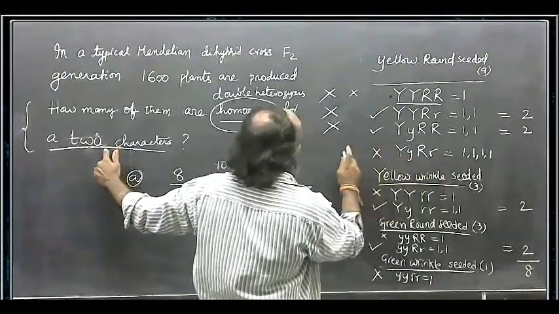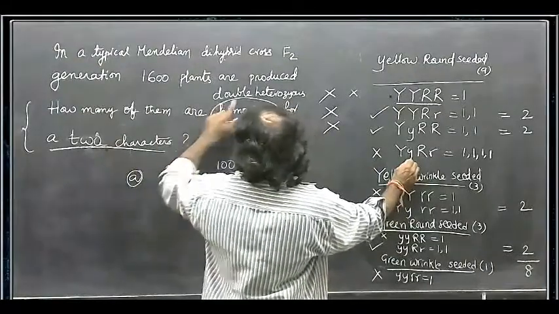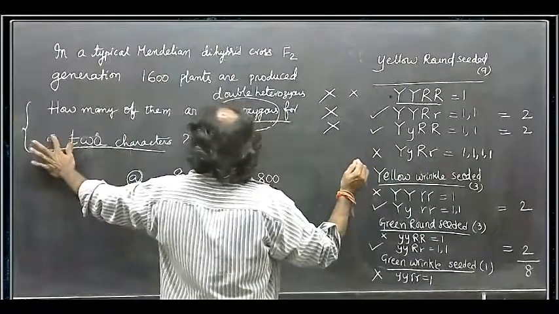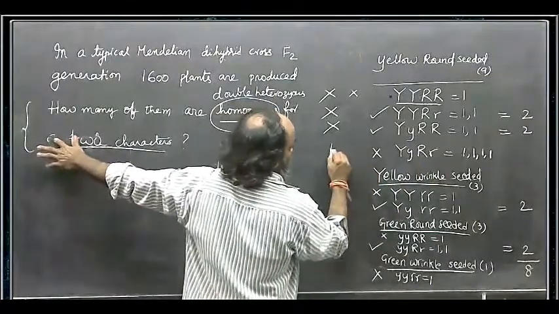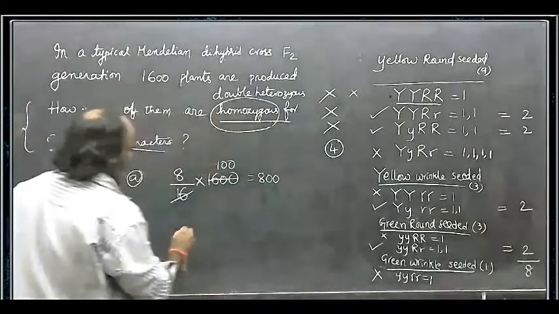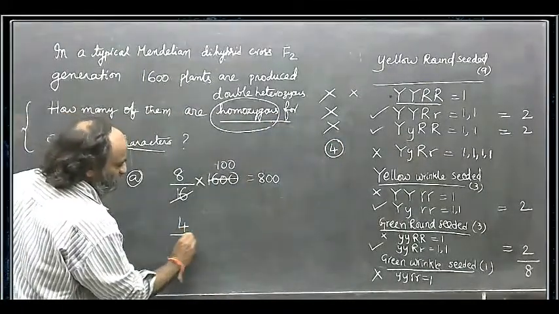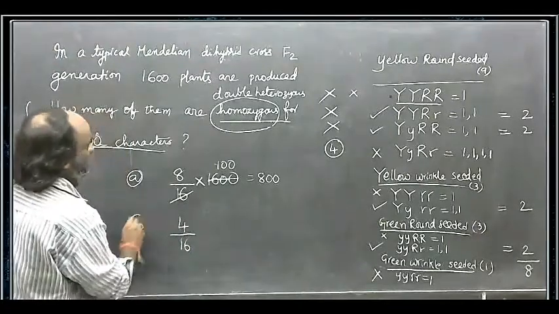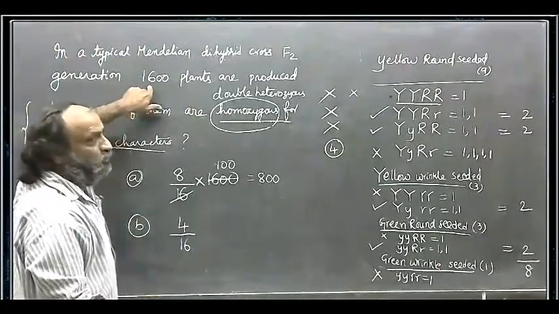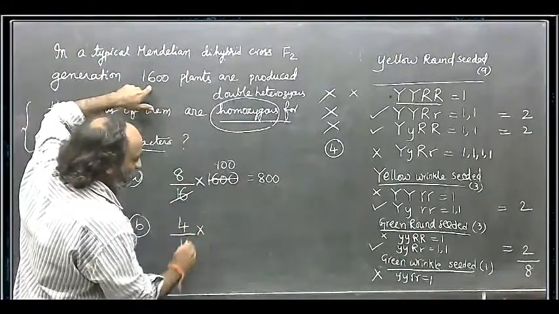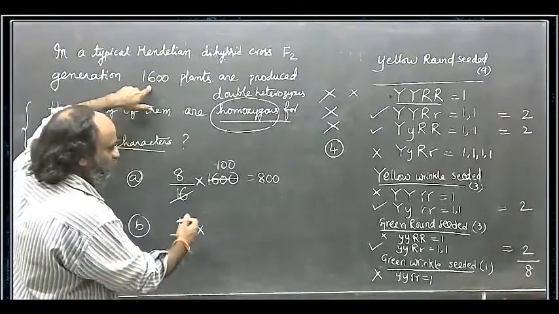So, how many of them are double heterozygous for 2 characters? It is 4. 4 out of 16. How many plants are produced? The number of plants produced in F2 generation is 1600. Therefore, 4 out of 16 means it is 1/4.